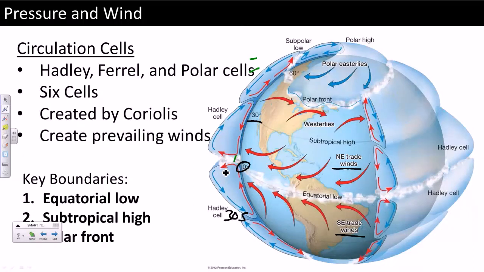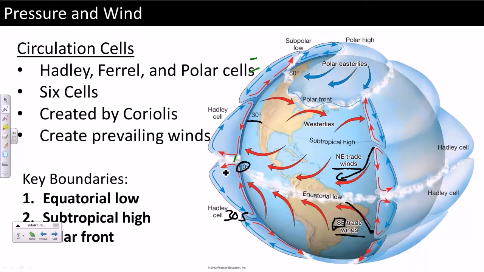So, for instance, the direction they're flowing from toward you is from the northeast, and so they're called the northeast trade winds. Below the equator in the southern hemisphere, between 30 degrees south and 0, we're looking at the southeast trade winds, so they're coming from the southeast and blowing towards the northwest.